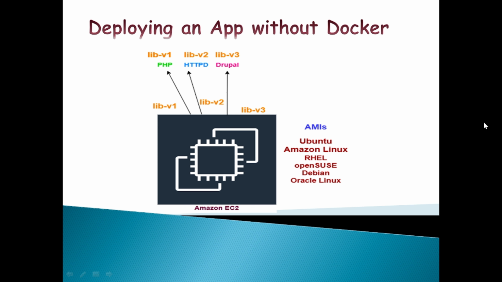Now suppose somehow you are able to negotiate that and you are able to install the different versions of the same library to support the different application packages as part of your application stack. It works well when the scenario is pretty simple. But when the scenario gets really complicated, we have a lot of challenges in this type of application deployment setup. How? Let's see that in the next slide.